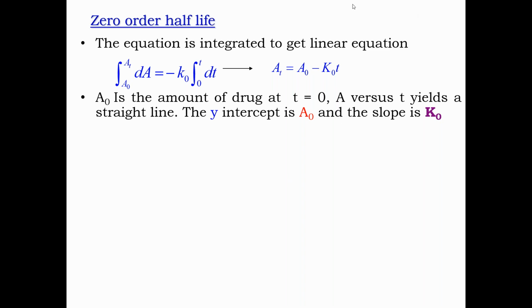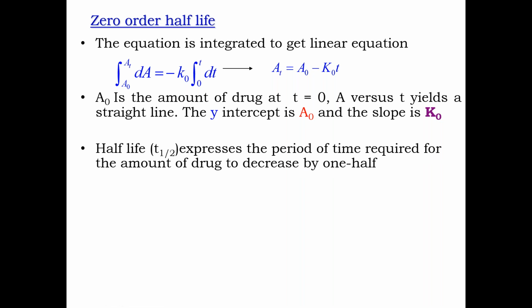Okay, so when we plot this graph, a naught represents the amount of the drug here, and k naught is the zero order rate constant. You also should remember the unit used for the same.